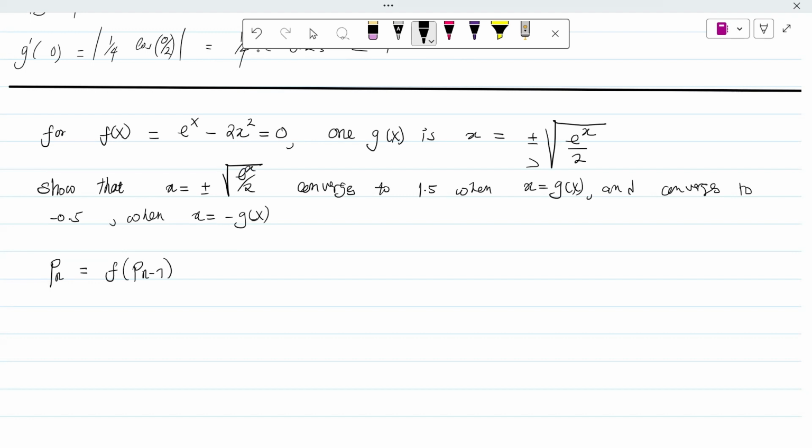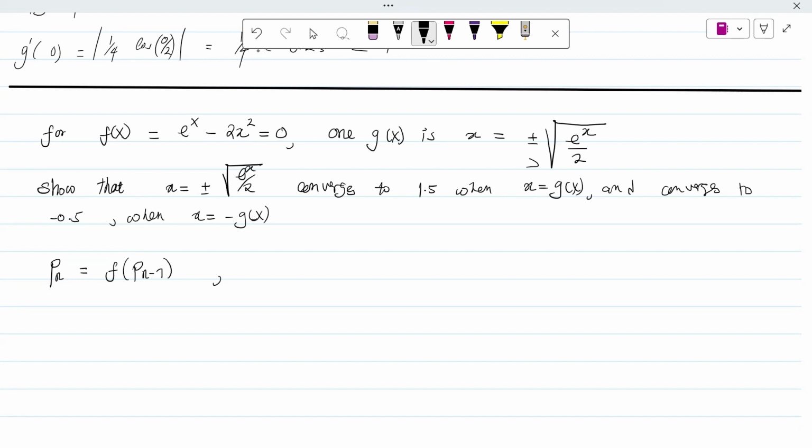So let's look at this example given for better understanding. In this case, we have to show that we are converging to 1.5, right? If we show that this function converges to 1.5 when x is equal to g of x.